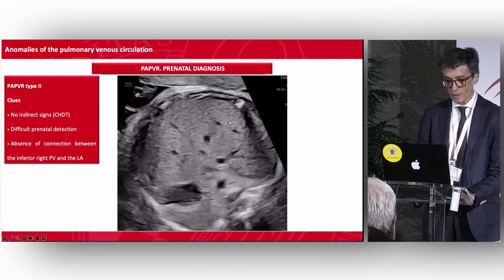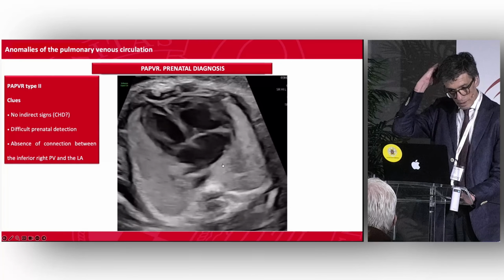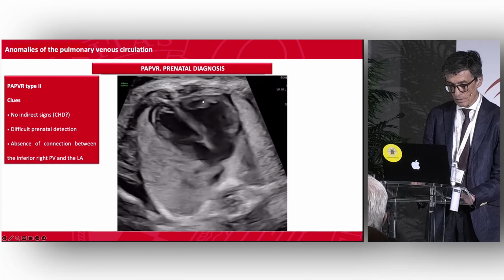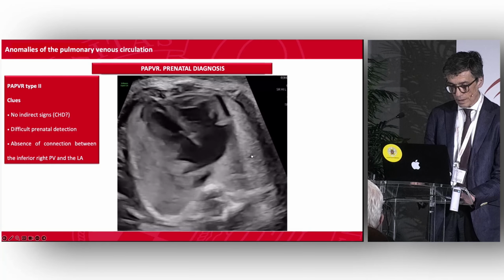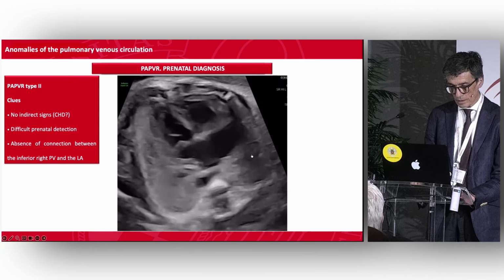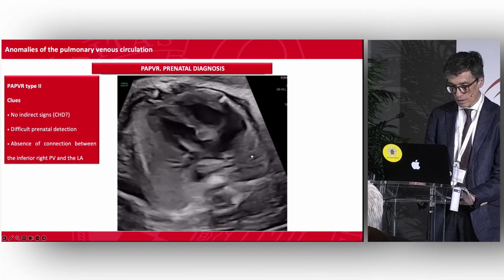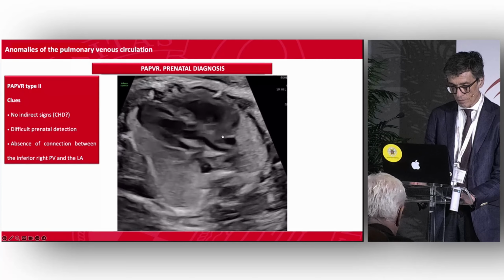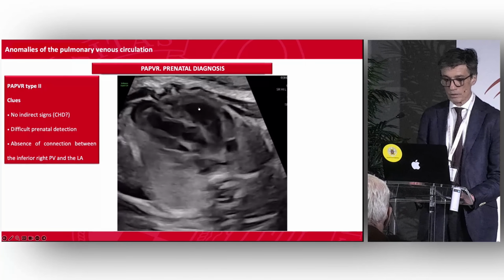Another example, you may see this baby that has a very well-known heart defect, with a normal four-chamber view, and this baby has, you may see, a transposition of the great arteries with the pulmonary artery connected with the left ventricle and the aorta connected with the right ventricle.